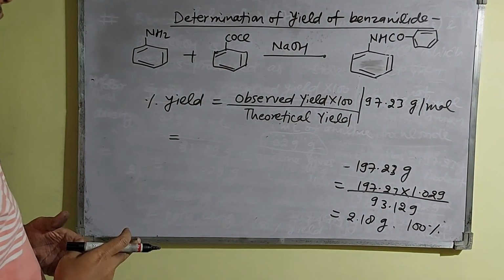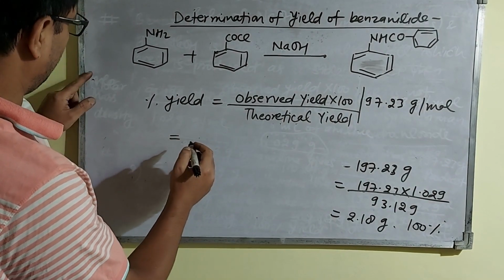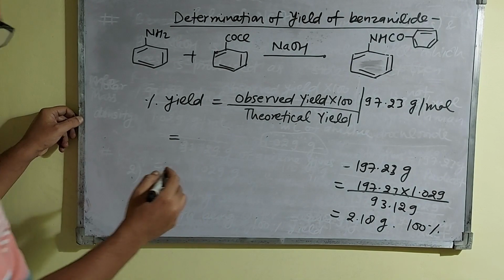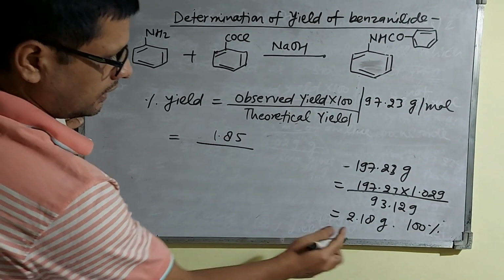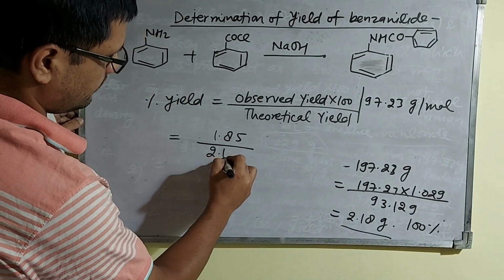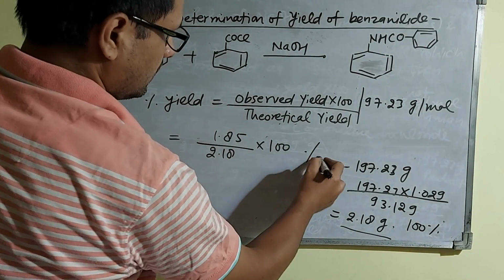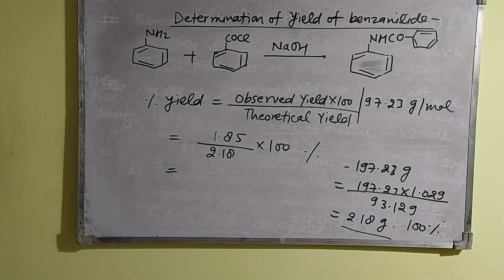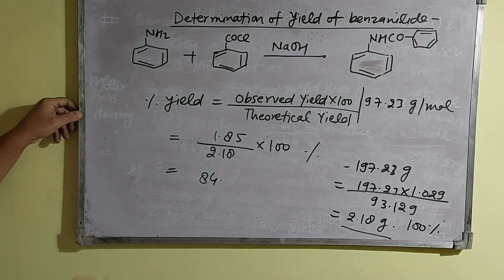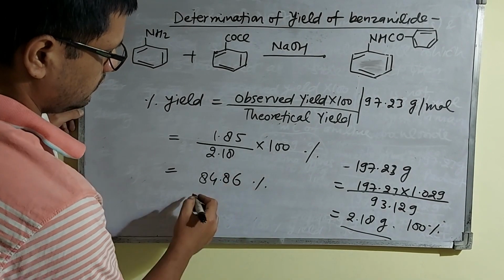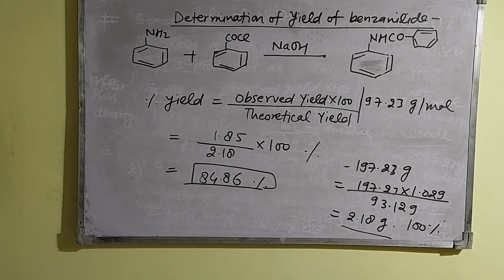So observed yield, we have the amount of product we have taken, and it was 1.85 gram, and here theoretical yield is 2.18, and this will be multiplied by 100, and this will be percent. So it is coming out to be 84.86%. Our reaction percent yield is 84.86%.